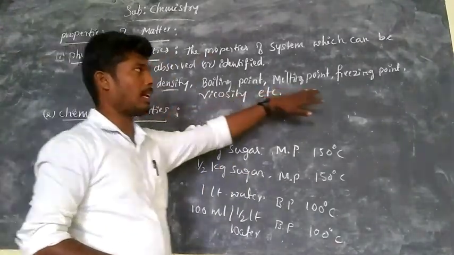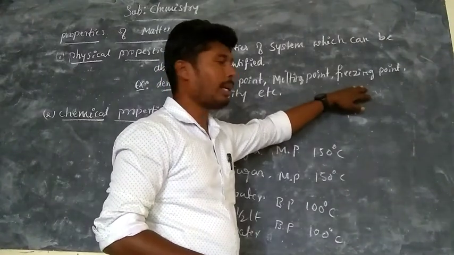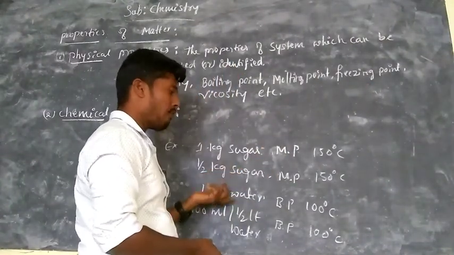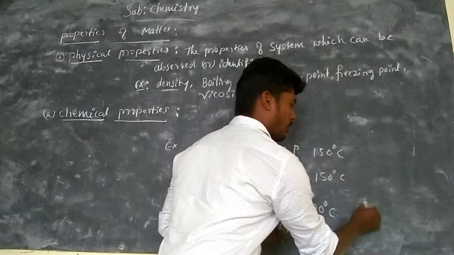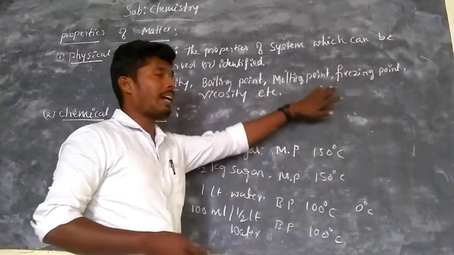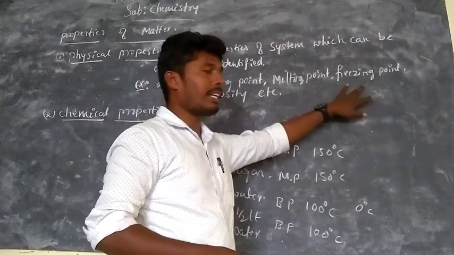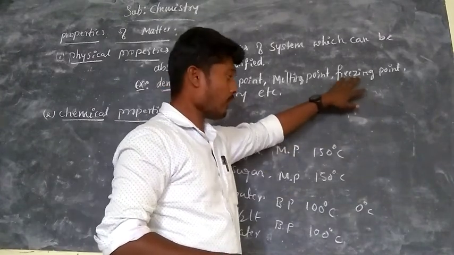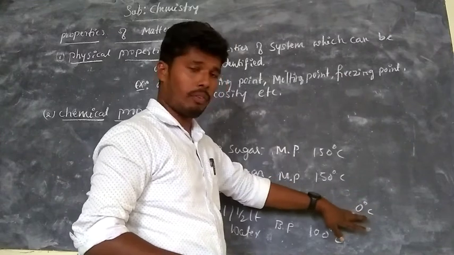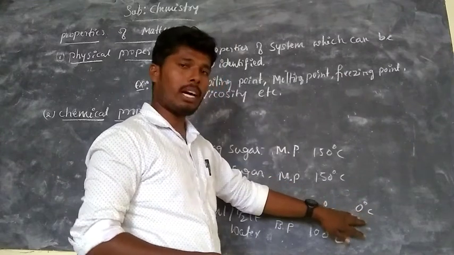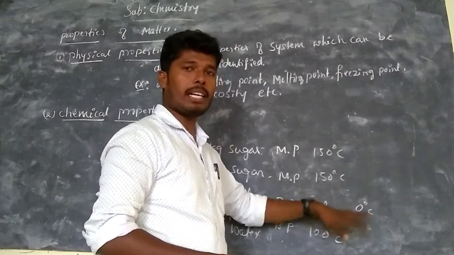Similarly, take the freezing point of water, which is 0 degrees Celsius. At 0 degrees Celsius, the water becomes solid ice. Then take a quantity of 10 liters of water, or 5 liters, or 1 liter.